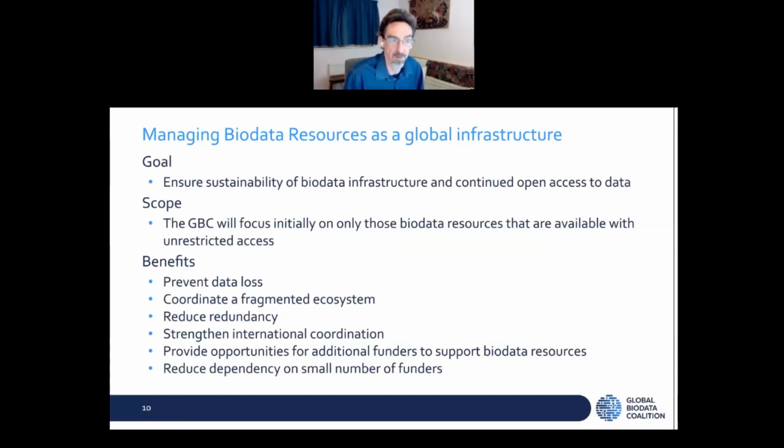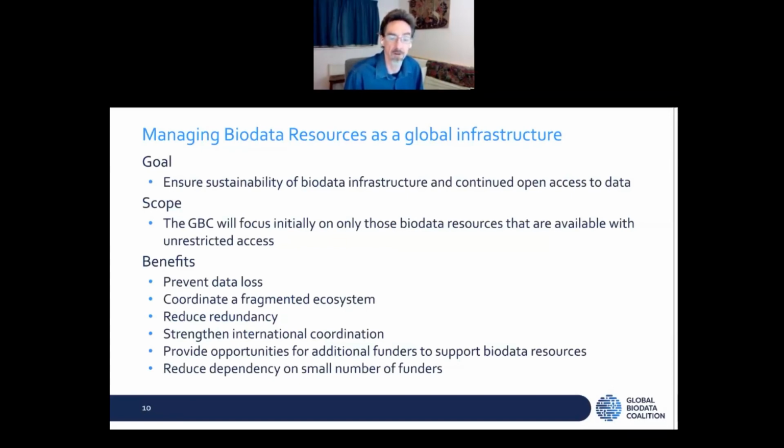There are many benefits, we think, to the GBC: preventing data loss, coordinating the funding and the ecosystem of data resources, reducing redundancy, strengthening coordination among funders globally. We want to provide opportunities for additional funders to support data resources.